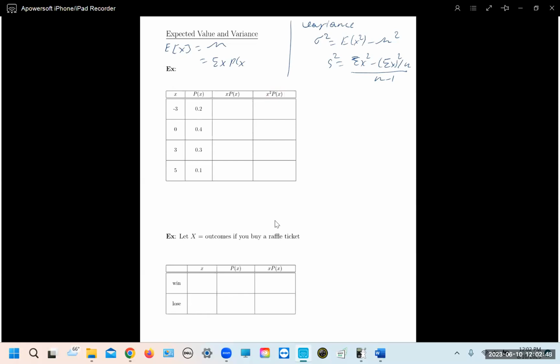We have minus 0.6, and for x squared, minus 3 squared is 9 times 0.2, which is 1.8. Then 0, then 0.9 and 2.7, and 0.5 and 2.5.